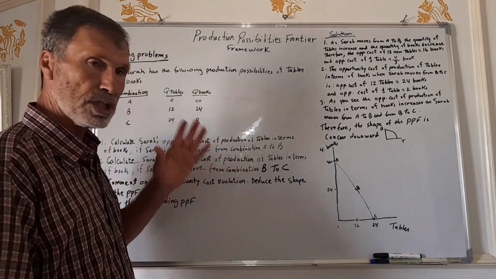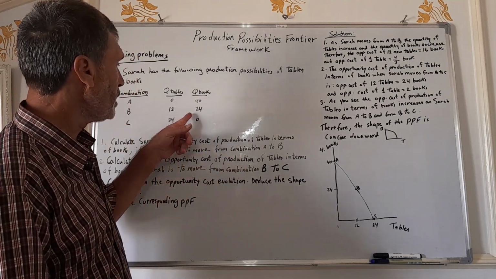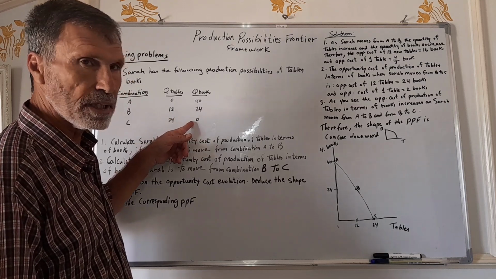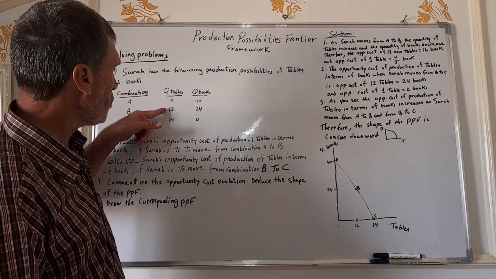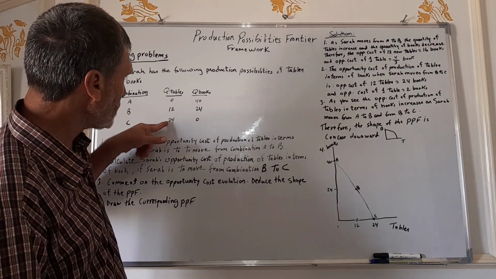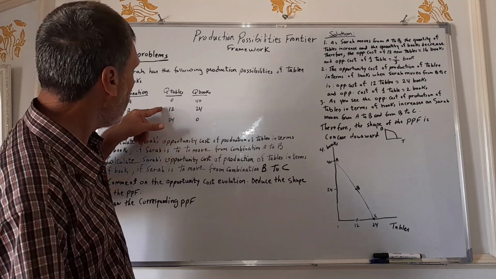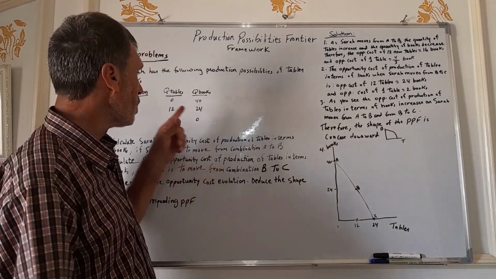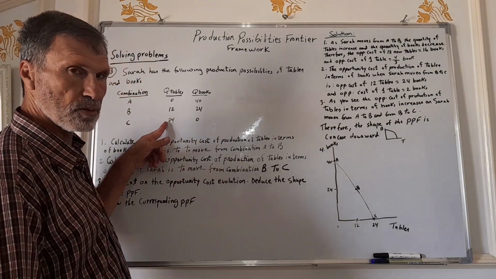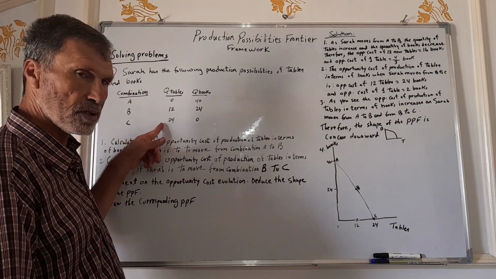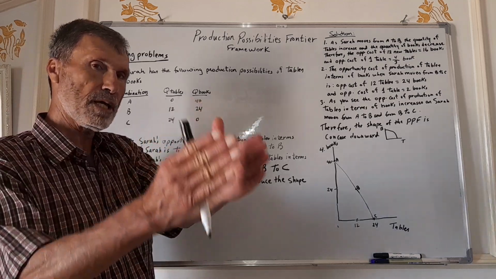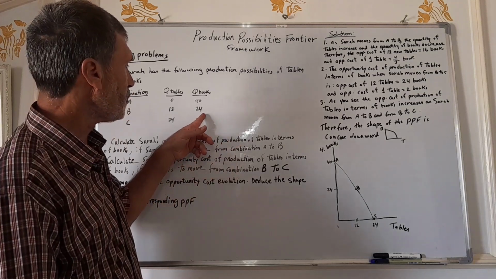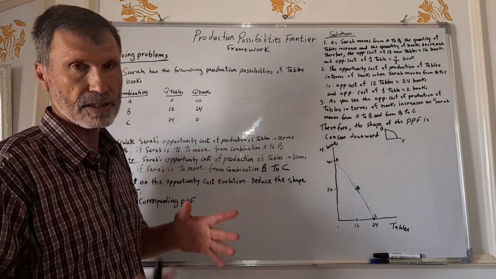When she moves from B to C, we see that the quantity of books decreases from 24 to 0, which means that the opportunity cost of 12 new tables is equal to 24 books. So the 12 new tables are produced at the expense of 24 books that are not produced.